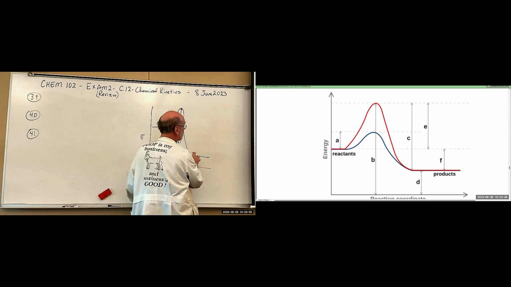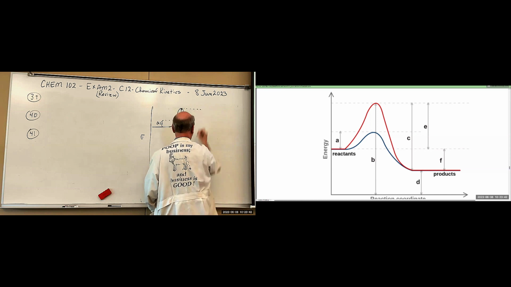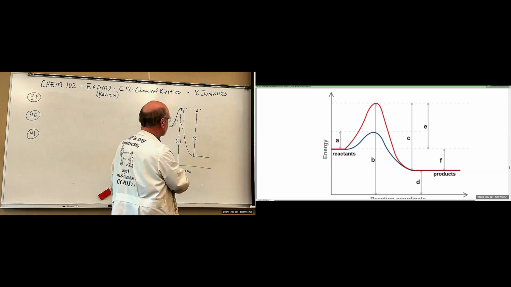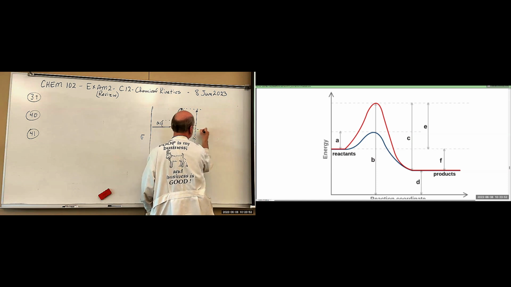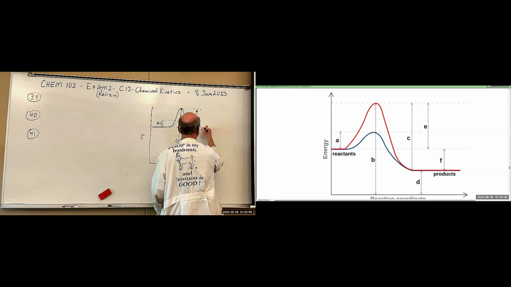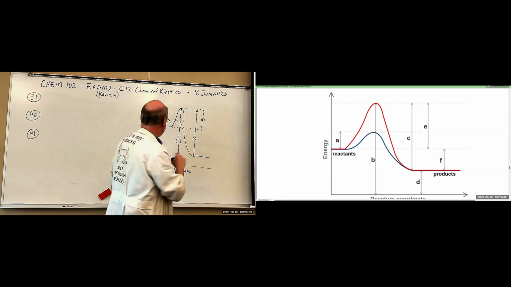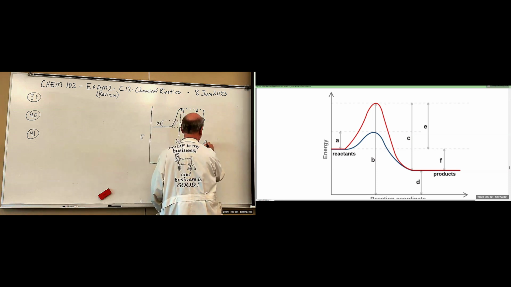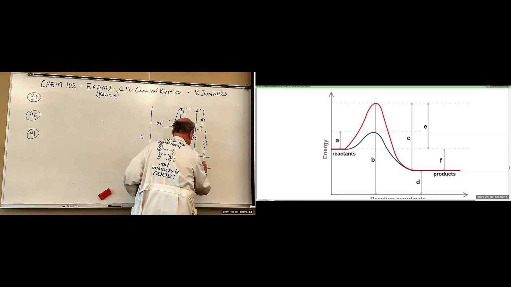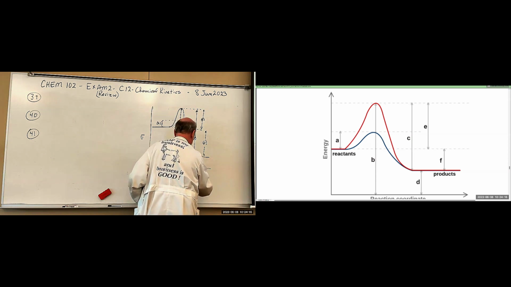And C is between here and here. And E is between here and there. And F is between here and here. I get everybody? A, B, C, D. D is between here. Here's D.